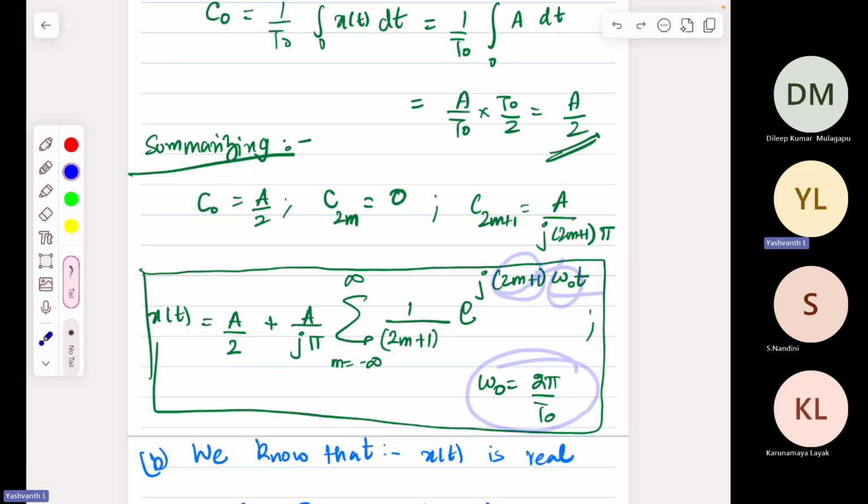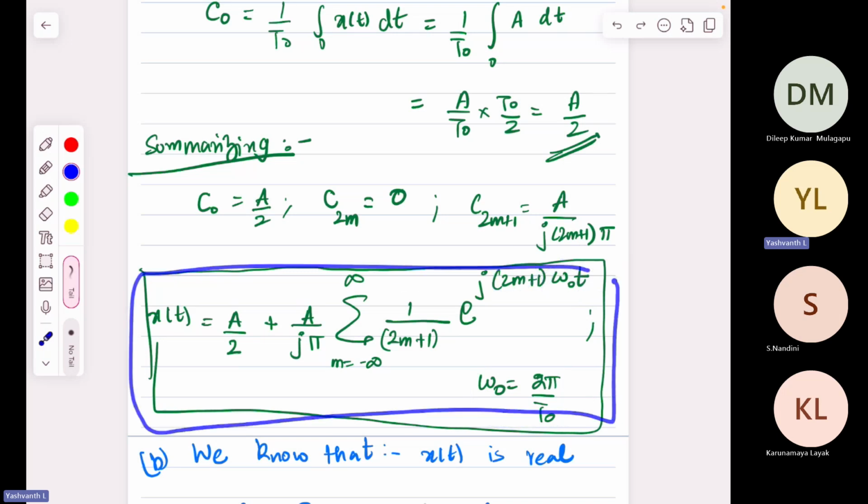Is this clear? This is the answer. If someone asks you what is the complex exponential Fourier series representation of the square wave, this is the answer. Is it clear? Is it okay?